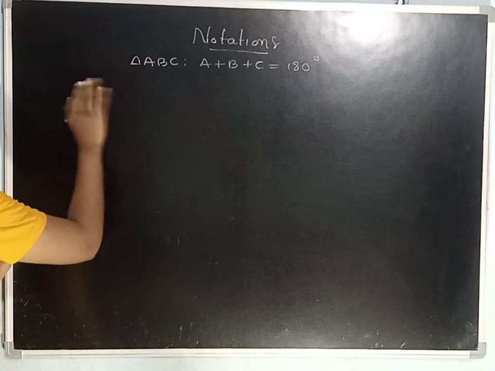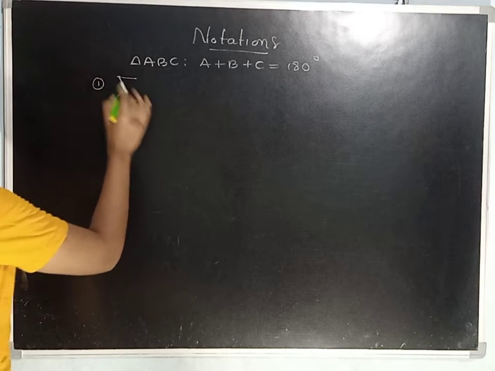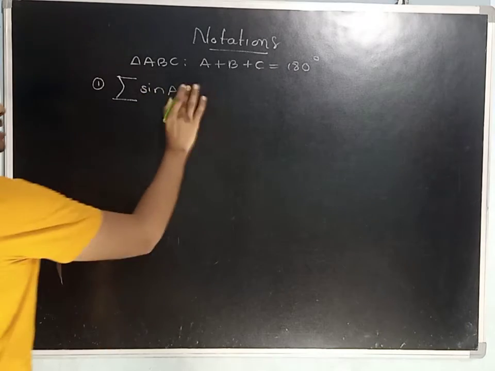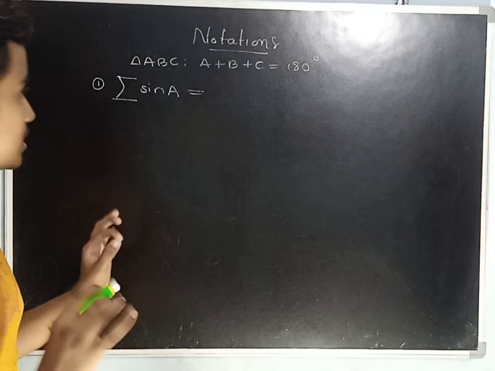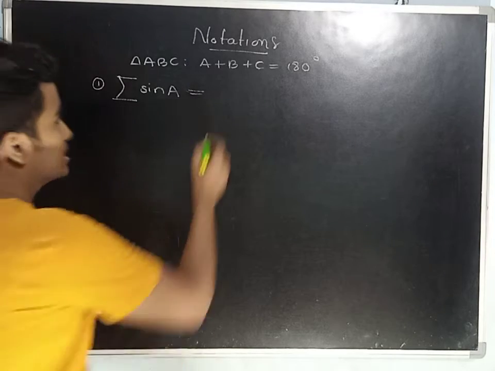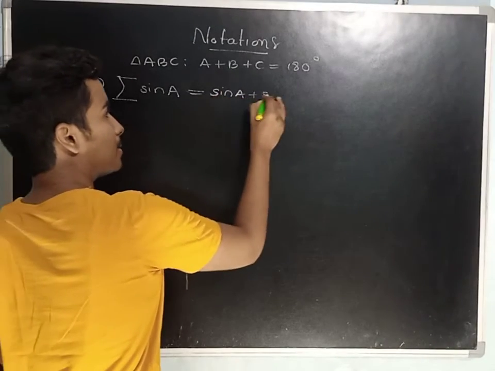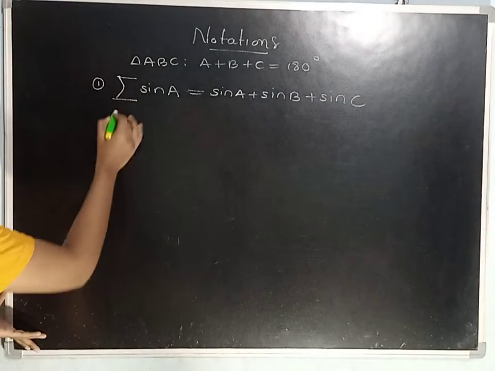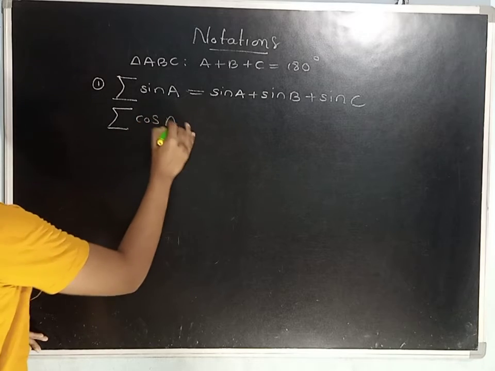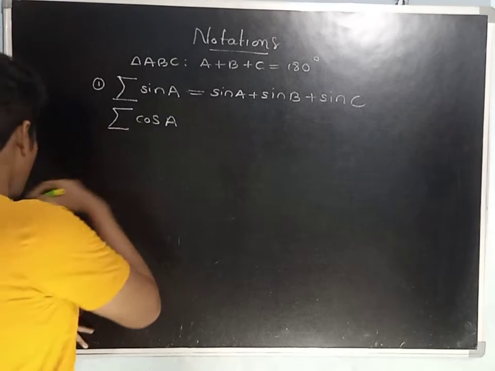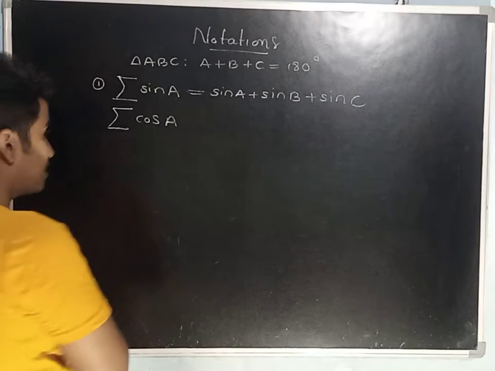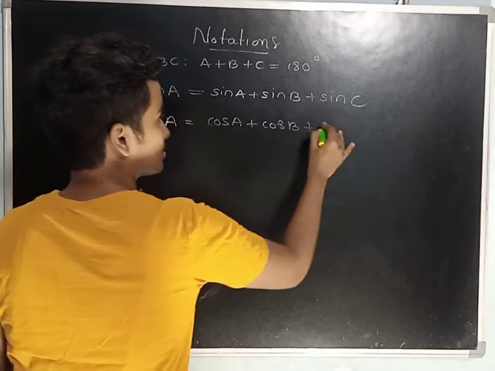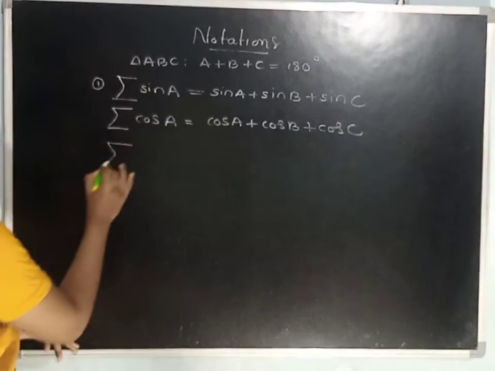The first notation is sigma sine A. Sigma sine A is nothing but the sum of the sines of the angles, that is, sine A plus sine B plus sine C. Similarly, sigma cos A is cos A plus cos B plus cos C. Similarly, sigma tan A.